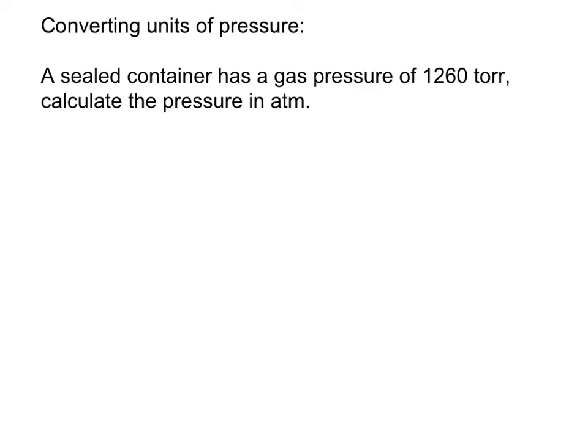Let's work a sample problem out together, doing some dimensional analysis, converting units of pressure. Alright, I have a sealed container, and it has a gas pressure of 1260 torr. I want to calculate that pressure in atmospheres. Well, as always, let's start with what we know. We know 1260 torr.